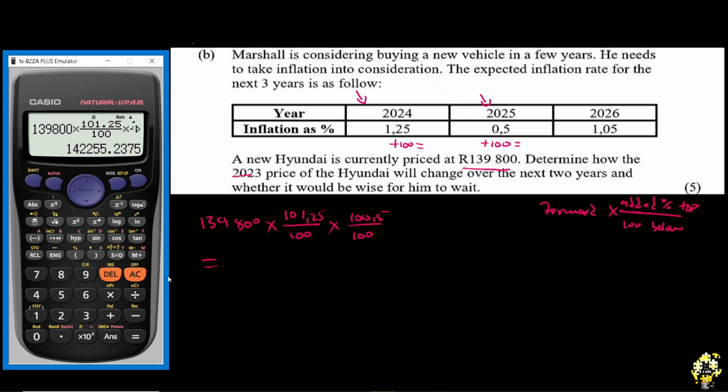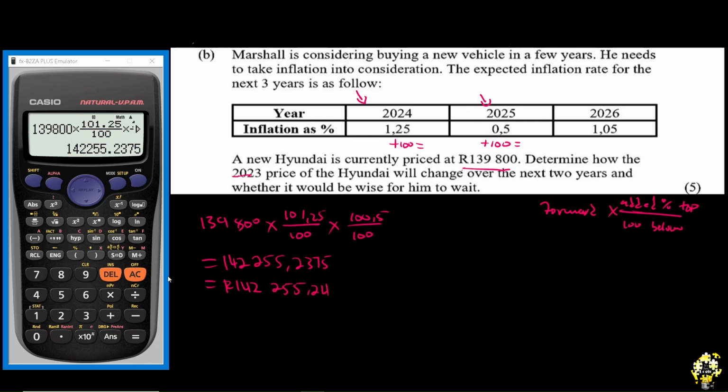In 2025 you are going to have to buy it for 142,255.2375. Let's round it off to 2 decimal places. So it's going to be 142,255.24. That's how it works, and that's how simple it is.